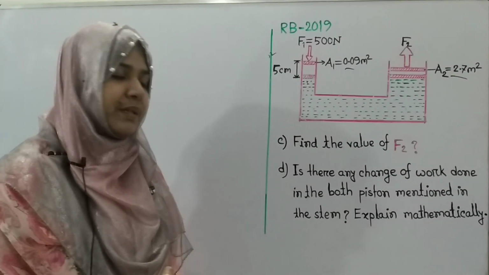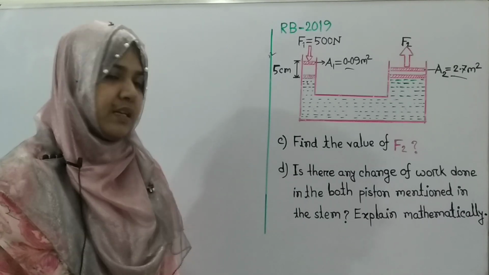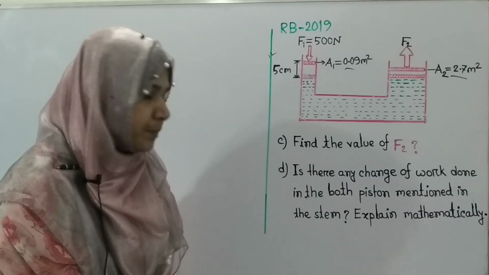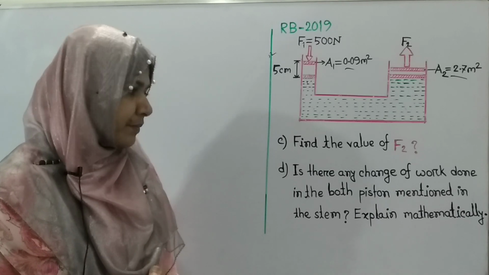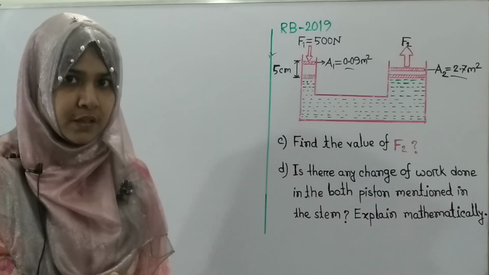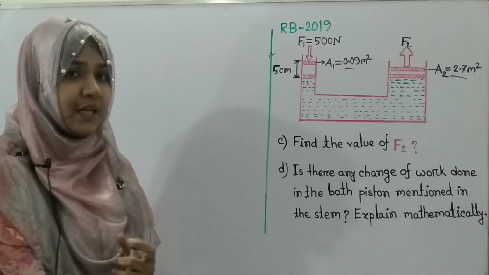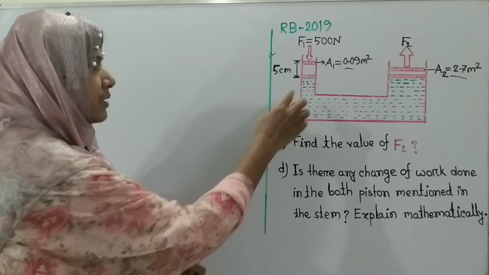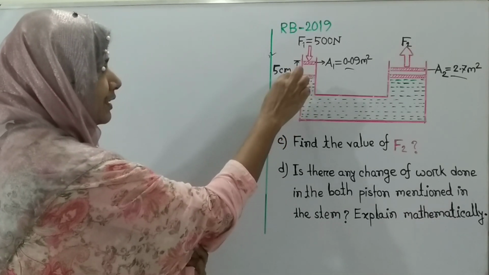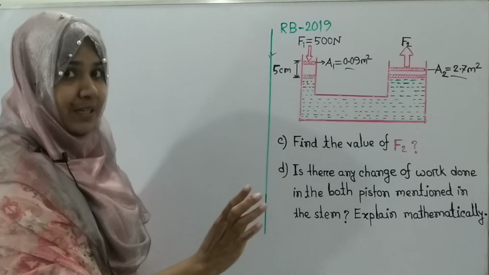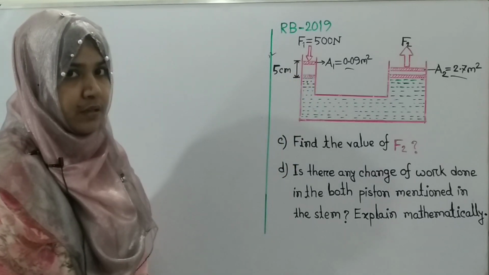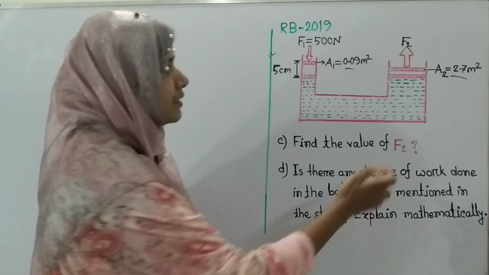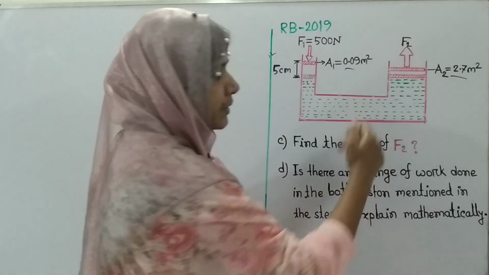Now question number D: is there any change of work done in both pistons mentioned in the stem? Explain mathematically. That means we have to calculate the work done of the pistons. Here you can see that the displacement for piston A is given, 5 cm. So firstly we have to calculate the displacement of the larger piston.